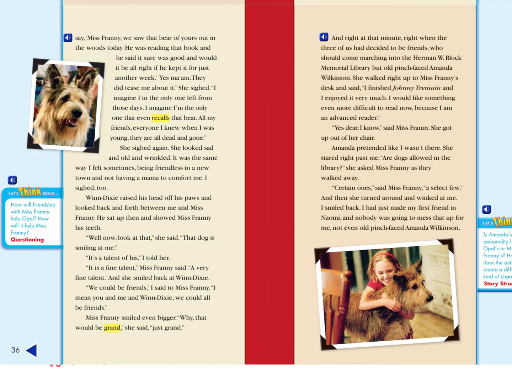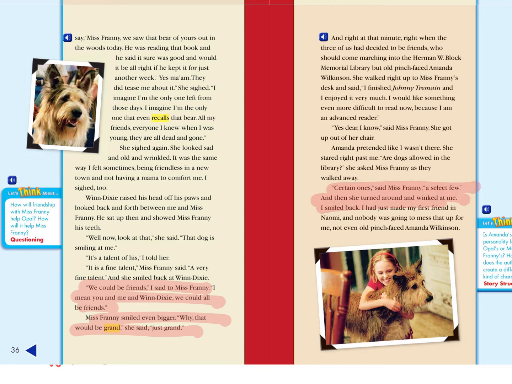Now remember, my prompt is asking me to write about how I know they're going to stay friends for a long time. Well, I'm noticing some evidence that can help me in my writing. I'm going to highlight here where they first decide to be friends, and then at the end of the text where the author gives us a clue to prove they will stay friends.